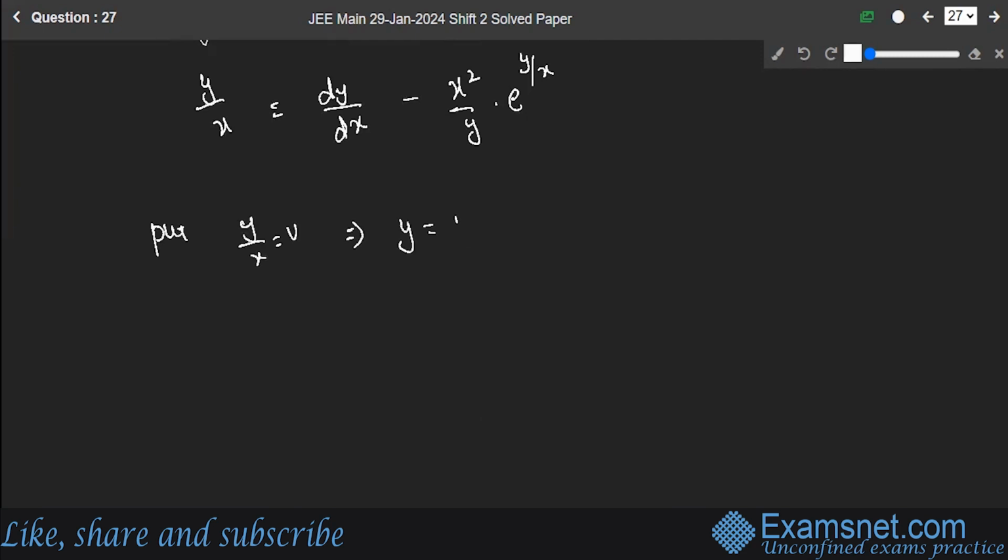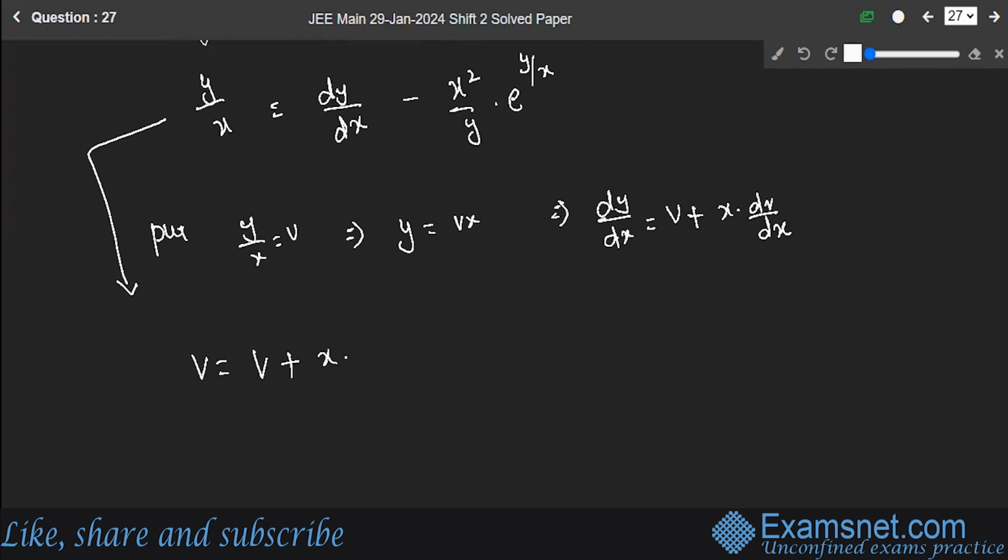This gives me y is equal to v into x, or dy by dx will be first function into derivative of second plus second function into derivative of first. Okay, so now this equation, it will become v is equal to v plus this will be x into v. This will be e power v, right?